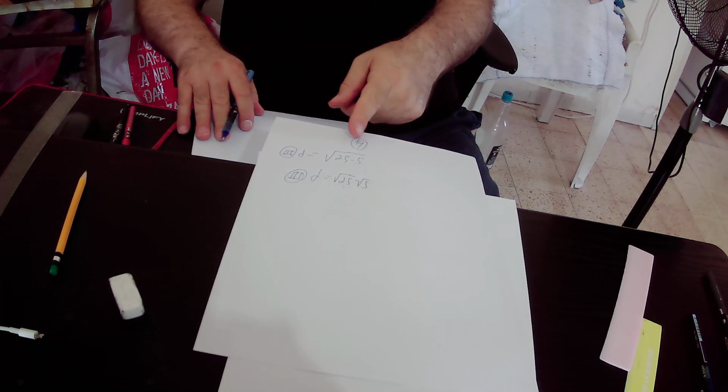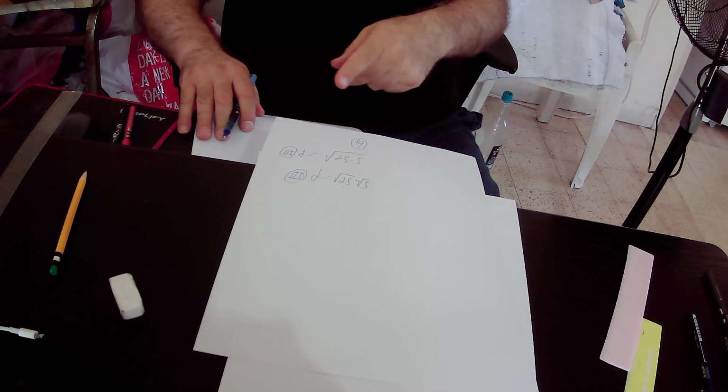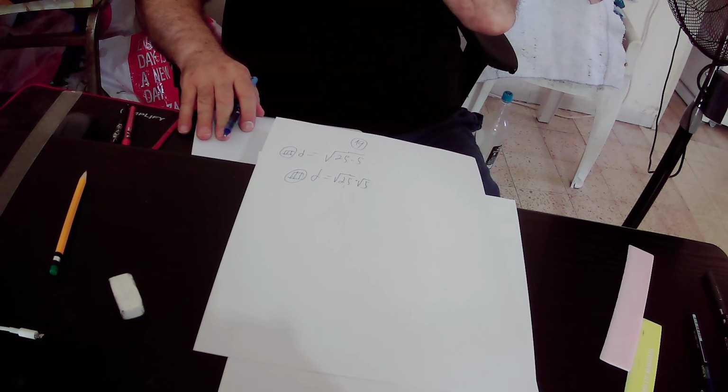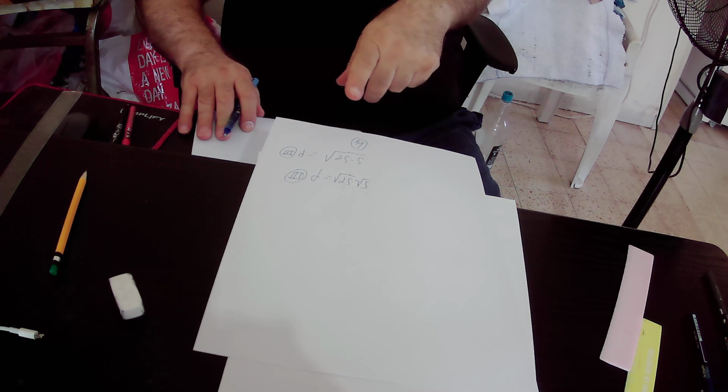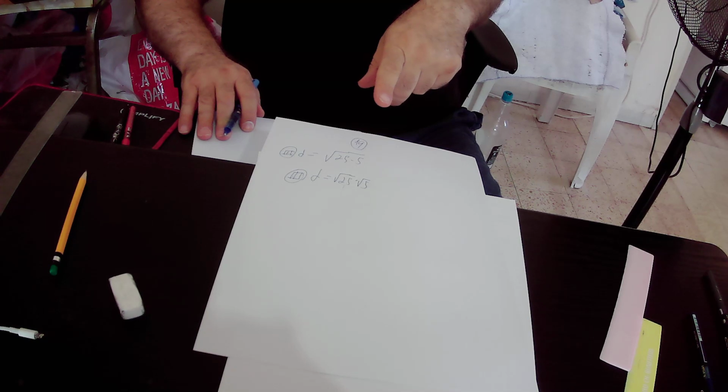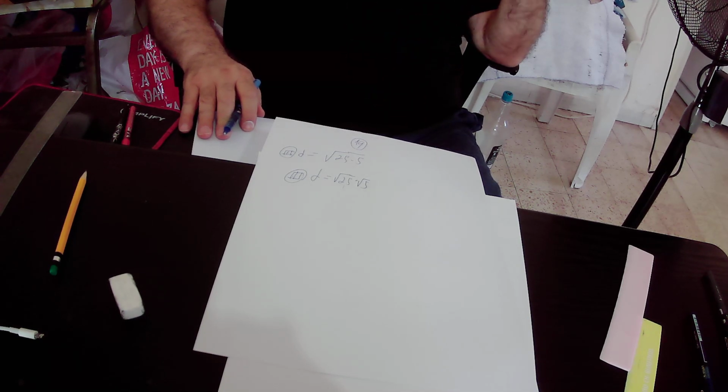We split the root into two roots. Instead of root of 25 times 5, we got that d equals root 25 times root 5, according to the rule that the root of a times b equals root a times root b.